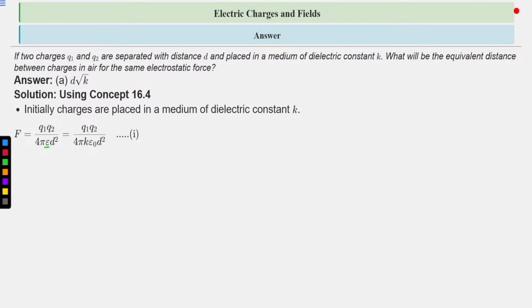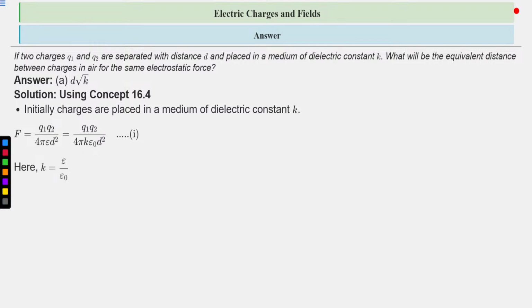Epsilon naught is the permittivity of free space, vacuum or air, and K is the dielectric constant. So this is the electrostatic force between two charges placed d distance apart in a medium of dielectric constant K. Mark this as equation 1.